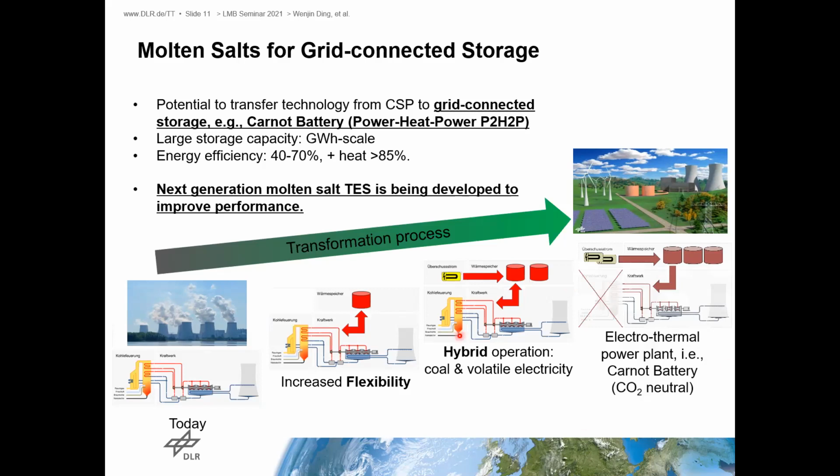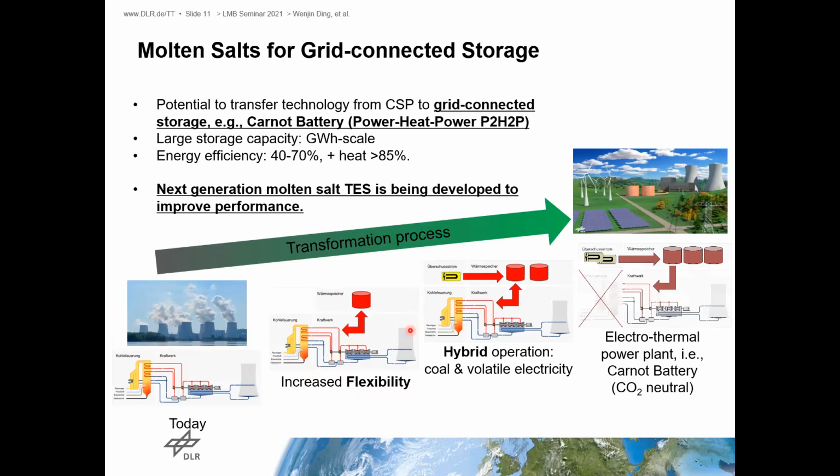As shown here, such a technology can be used to transform the coal power plant to a renewable power plant. Now, as we know, all the heat for the power plant comes from the coal. In the future, we can use more and more thermal energy storage to increase the coal power plant's flexibility.